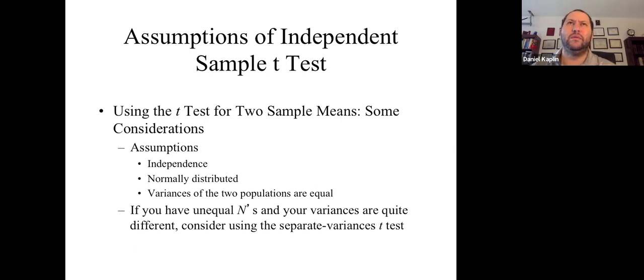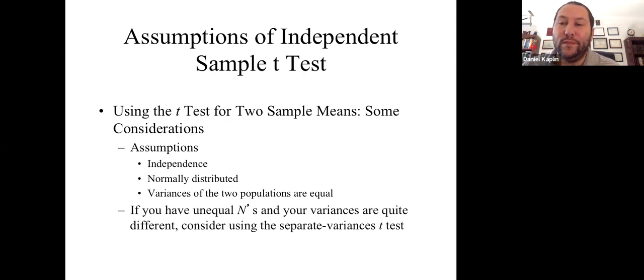So when you think of independence, think: can you be in group 1 and group 2 at the same time? Obviously you can't, right? Either you're going to work alone or you're going to work in pairs. So based on this design, the groups were independent.